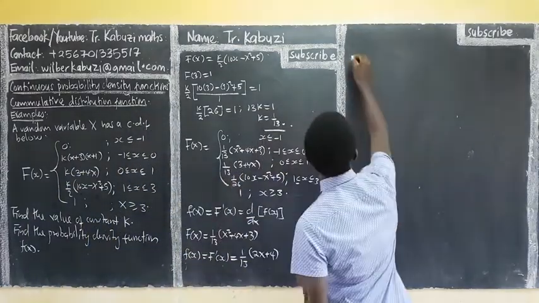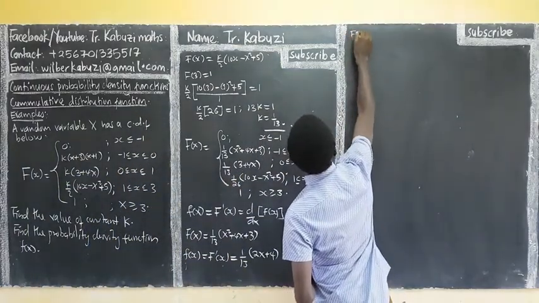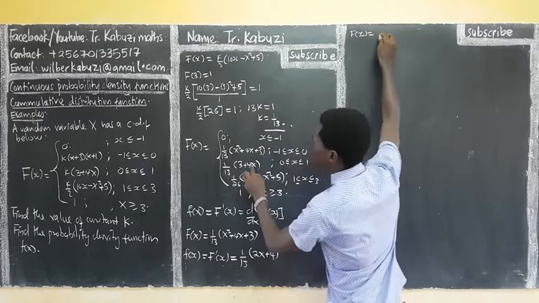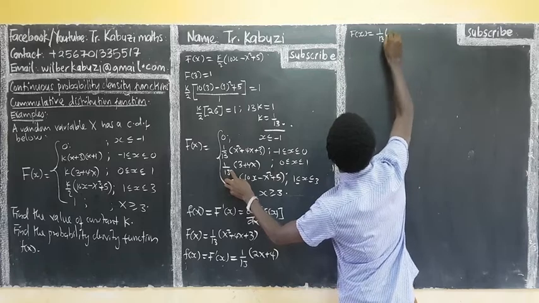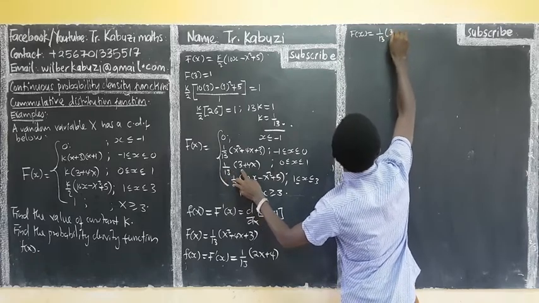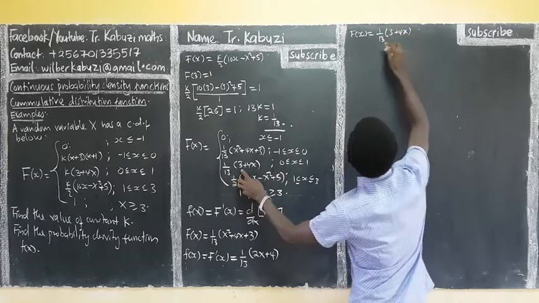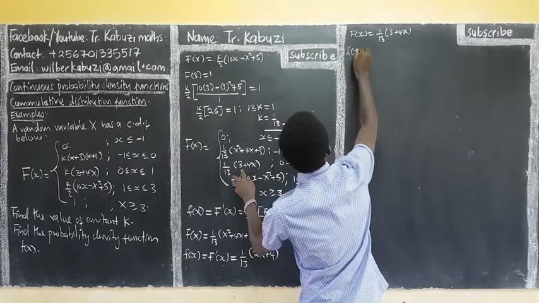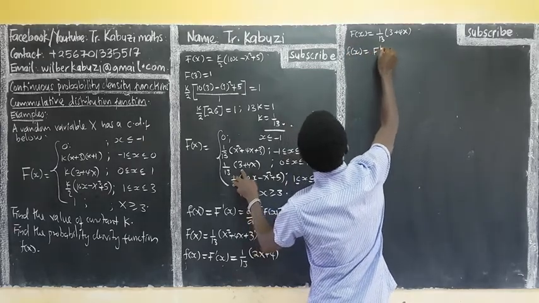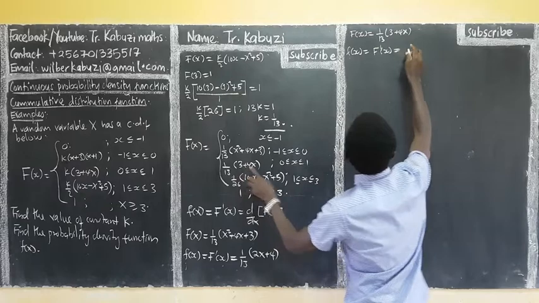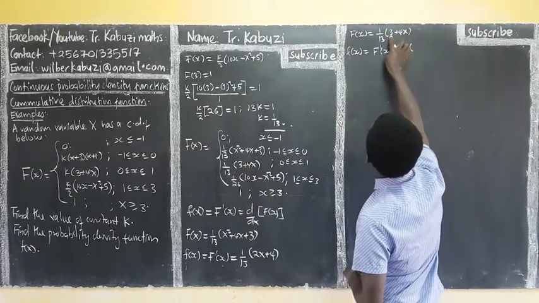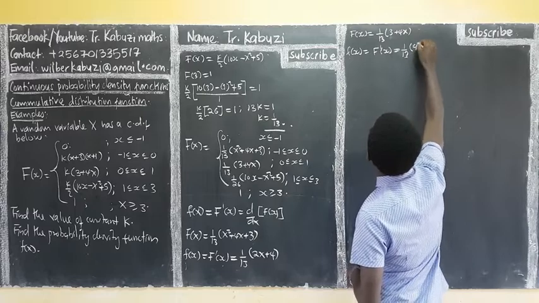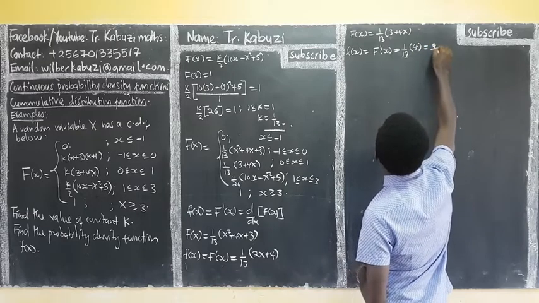Now for this, my capital F of x is equal to 1 over 13 into 3 plus 4x. When I differentiate this, I get f prime of x, which will be: differentiate the constant and we get 0, and differentiate 4x and we get 4, which will be 4 over 13.